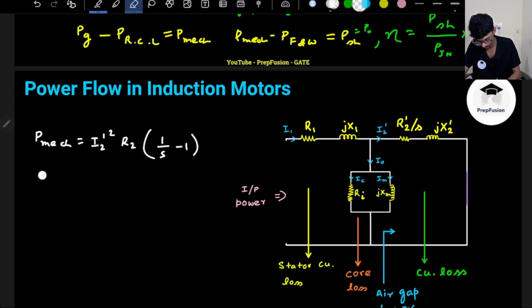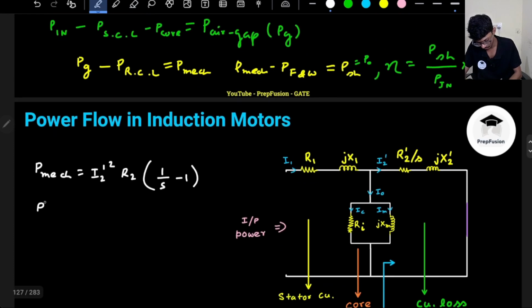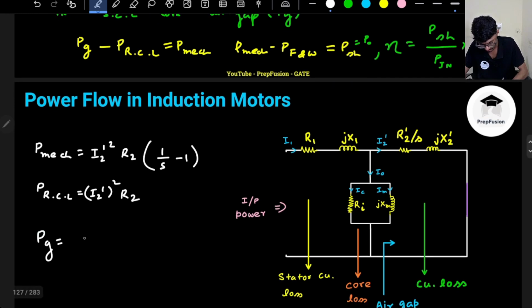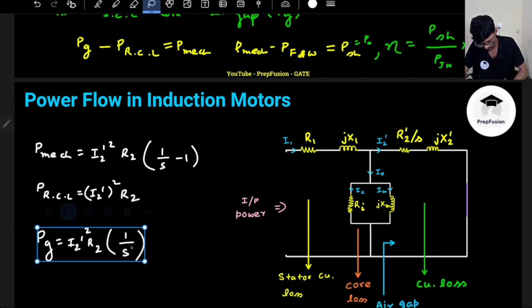Now the rotor copper loss. What is the rotor copper loss? It will be the rotor current squared into the rotor winding resistance, that is R2. So the air gap power, which we derived in the previous lecture, comes out to be I2 dash whole square into R2 divided by s.